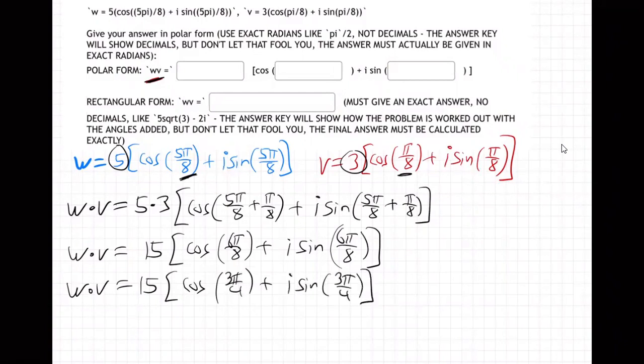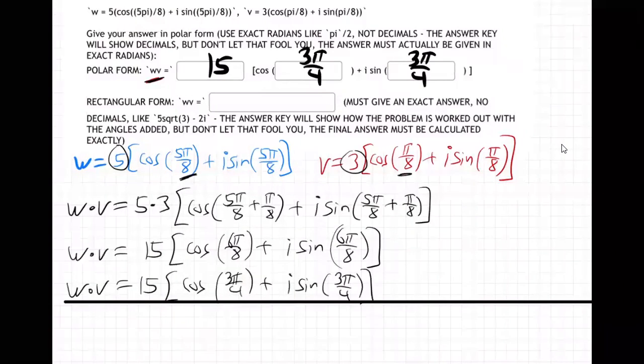So there's W times V. Let's write that up here: 15 cosine of 3 pi over 4 plus i sine of 3 pi over 4. So that's the first part.